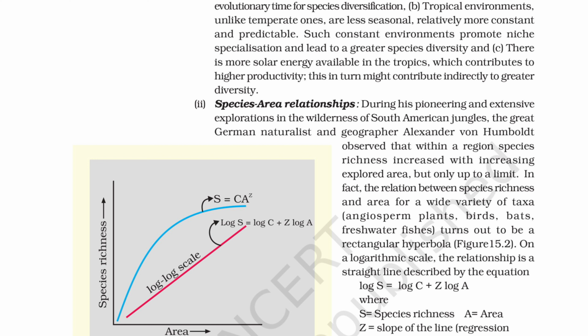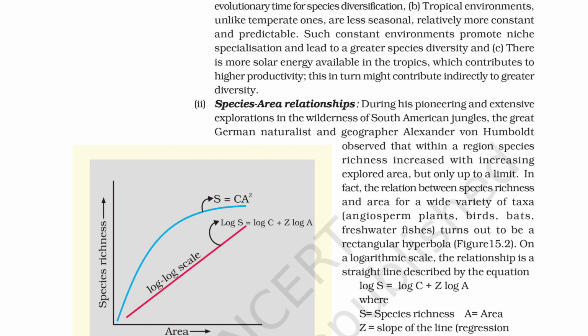Tropical environments, unlike temperate ones, are less seasonal, relatively more constant and predictable. Such constant environments promote niche specialization and lead to a greater species diversity, and there is more solar energy available in the tropics, which contributes to higher productivity. This in turn might contribute indirectly to greater diversity.